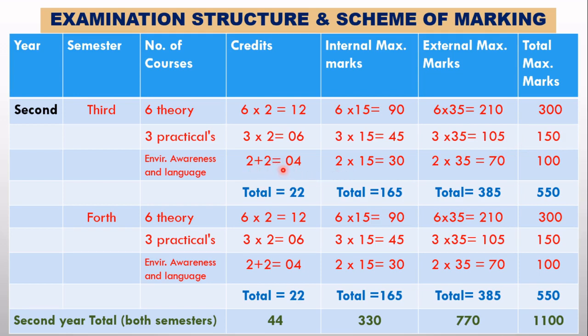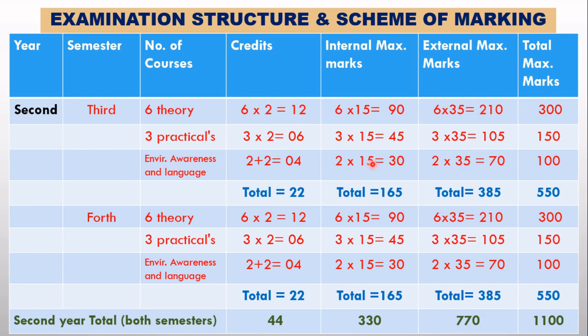Then environmental awareness and language are added in SYBSc. 2 credits for environmental awareness, 2 credits for language, so here 4 credits will be added. Each of these courses has 15 marks for internal and 35 marks for external.